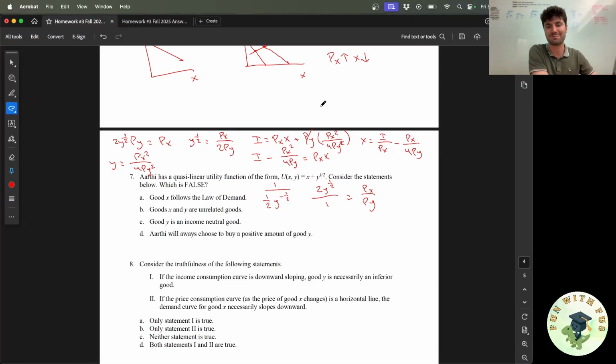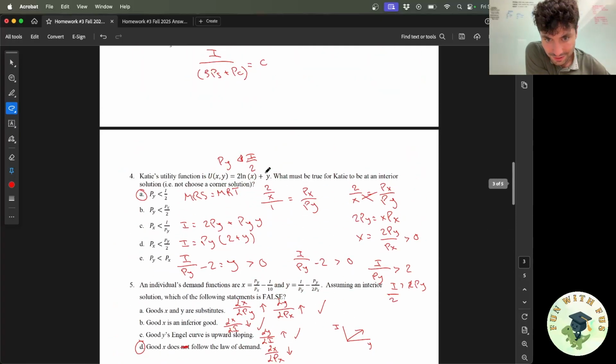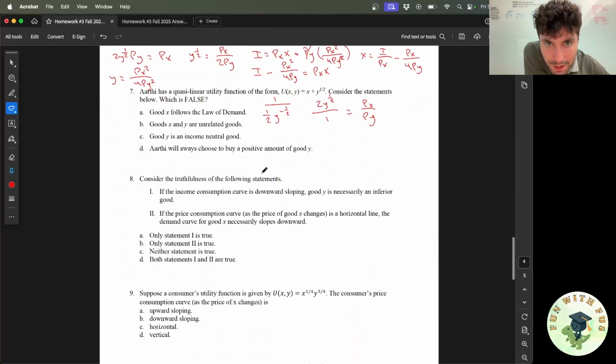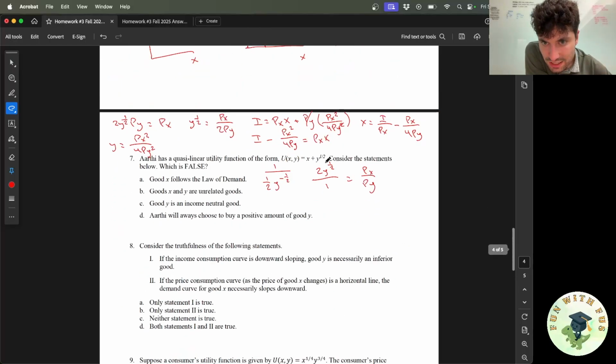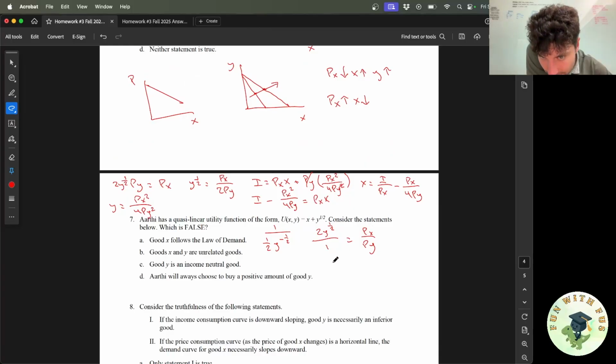Excellent, okay. So we have our little thingies now, and now it's just derivative time. And hopefully you remember the derivatives from up here, but I will make sure good x follows the law of demand. So we're just doing dx over dpx, the own price.